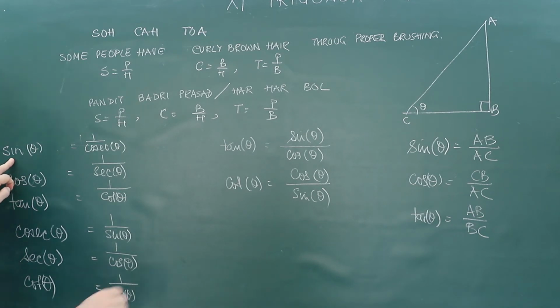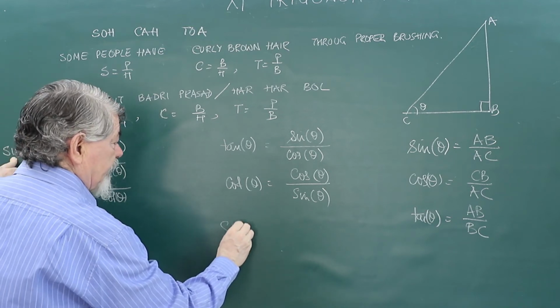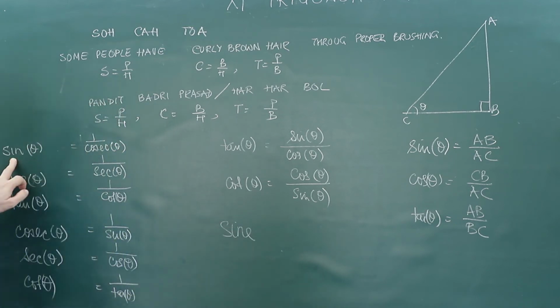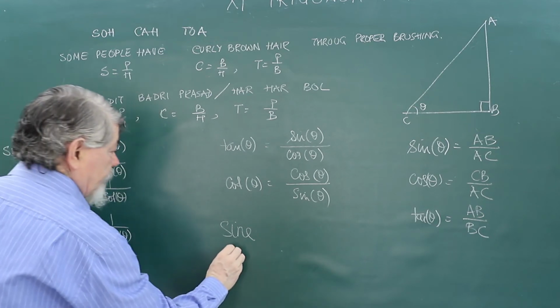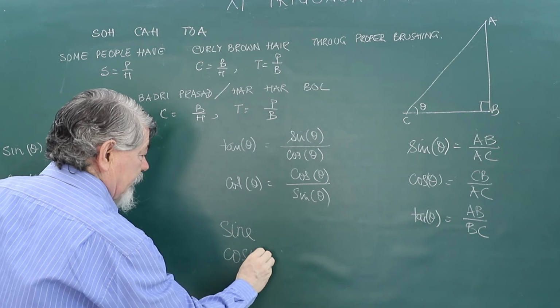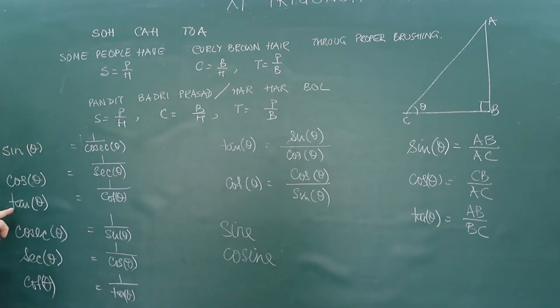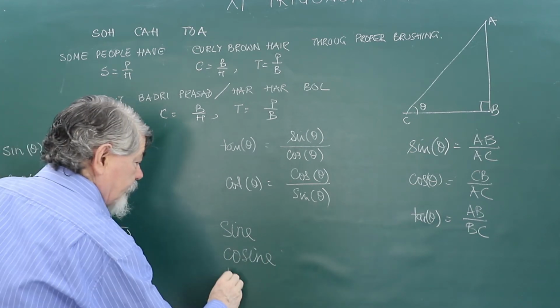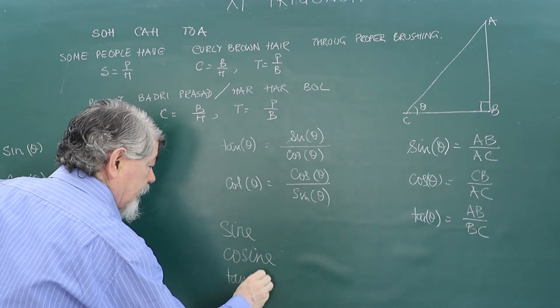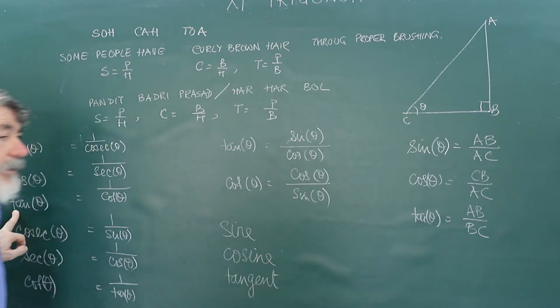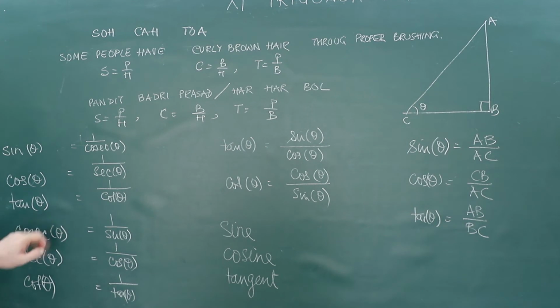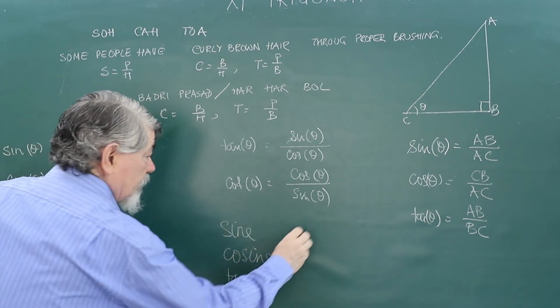Actually sine is spelled SINE, but in short we write it sin theta only and read it as sine theta. Cos is cosine. It is cosine theta. Tan is tangent theta, but we can't be writing tangent theta all the time, so we write tan theta. Cosecant theta.